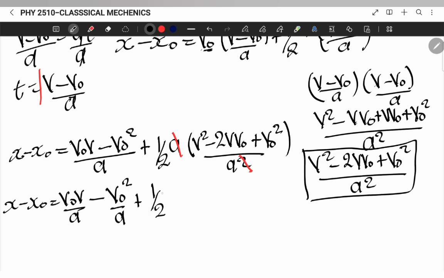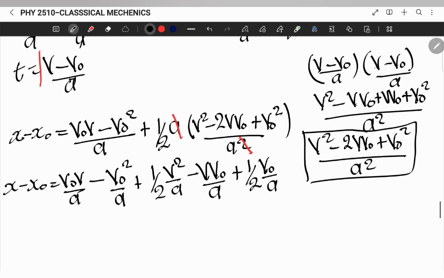So this is going to be v squared over a, then these 2 times this half times that, it's going to give v naught v over a, plus, then if this is multiplied by that, it's going to be half v over a.